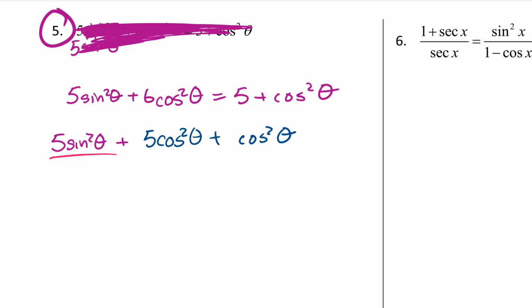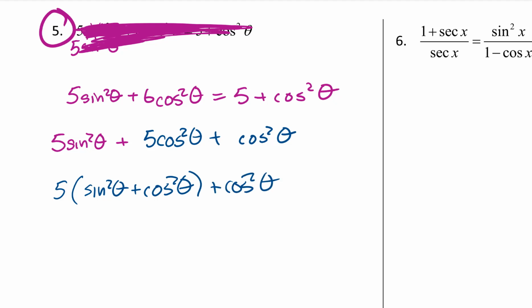Well, look right here. 5 sine squareds plus 5 cosine squareds. If you were to factor the 5 out, that would leave you with a sine squared of theta plus cosine squared of theta, plus that cosine squared of theta. That's just 1. That's equal to 5 plus cosine squared of theta.